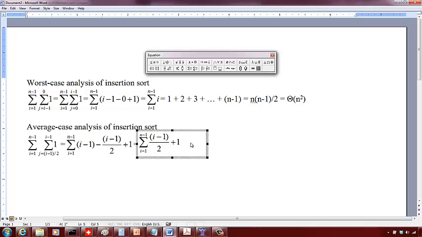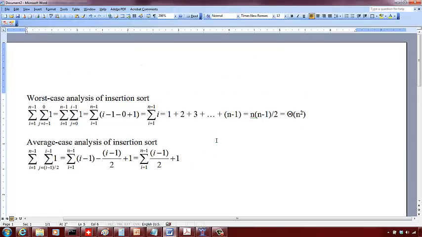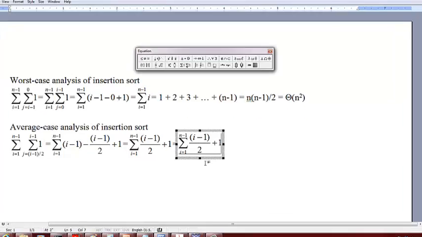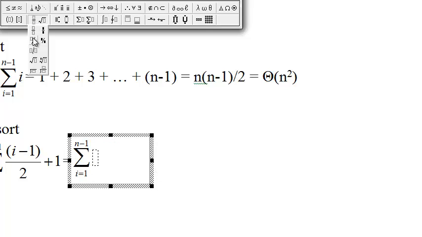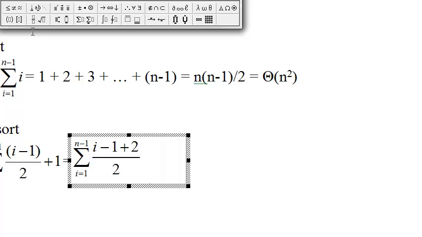Now if we do this kind of simplification, I could take an LCM and make it something like this over 2. So this is i minus 1 plus 2. If I take an LCM, this 2 gets over here.